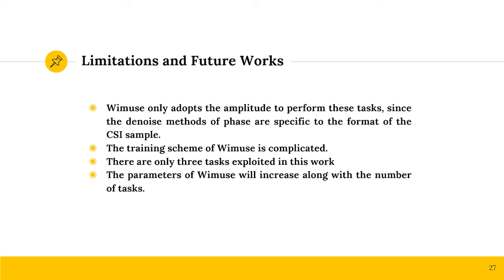That means different datasets may need different pre-processing methods. Despite Y-Muse having acceptable performance by only using the amplitude, it is necessary to exploit the phase data and adopt it in Y-Muse for better performance, and this is what we will do in the future.